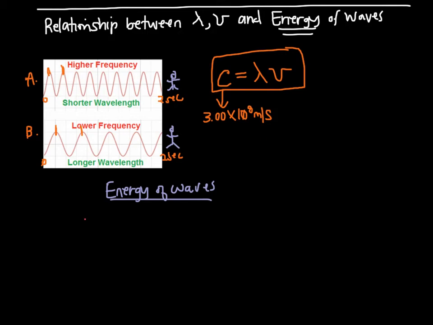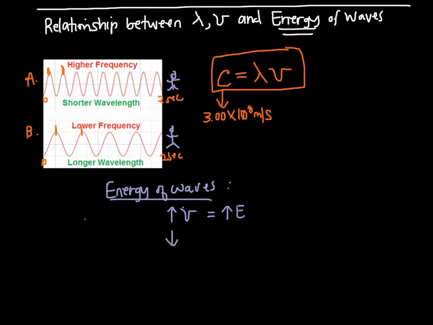I would think that the higher frequency waves would have more energy because there's more coming at you more frequently, and it would be hard to stand in that, right? So the higher the frequency, that means that you're going to have a higher energy wave.